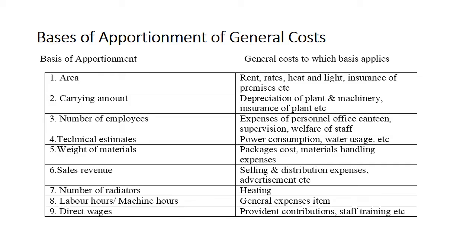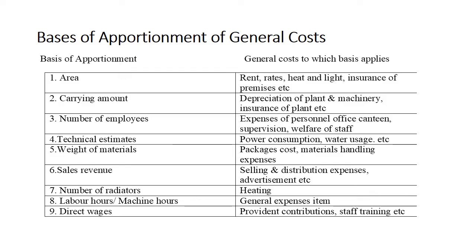Again, we may use the weight of material to divide package costs and material handling expenses. But even sales revenue can be used to distribute selling and distribution expenses or advertisement cost.